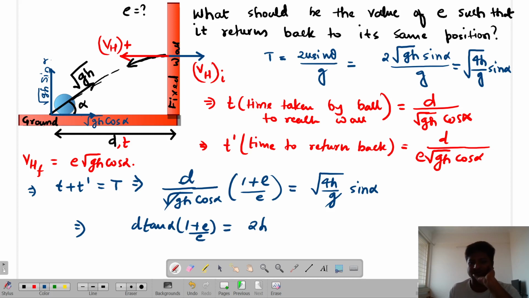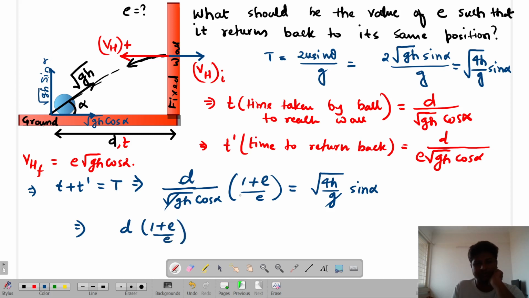One minute, sorry. Sin alpha isn't on top. So I'm writing directly 1 plus e divided by e, because इसको इधर send कर दो. That is twice of h sin alpha into cos alpha, because that is in numerator.